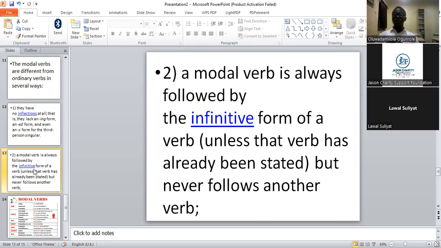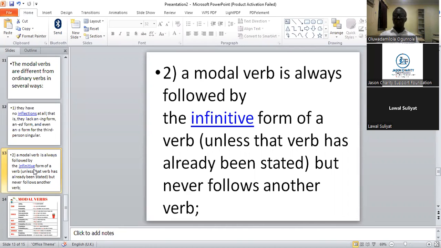Now, by the time you want to change the verbs you have used in your sentence to past tense, you realize that it is only your modal auxiliary verb that will be affected. So you cannot say, I could ran. It is impossible. It is ungrammatical. Rather, you say, I could run.